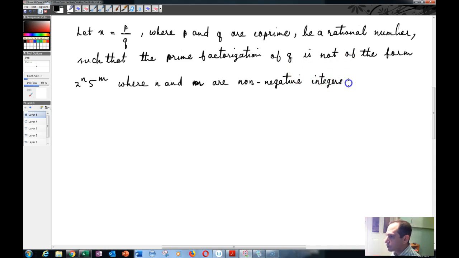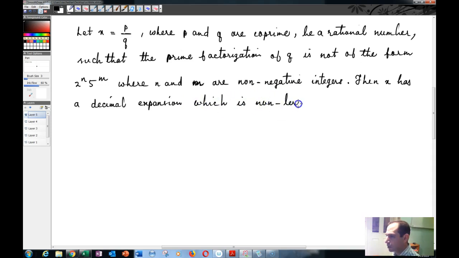Then x has a decimal expansion which is non-terminating repeating. Or technically we say recurring. Okay.